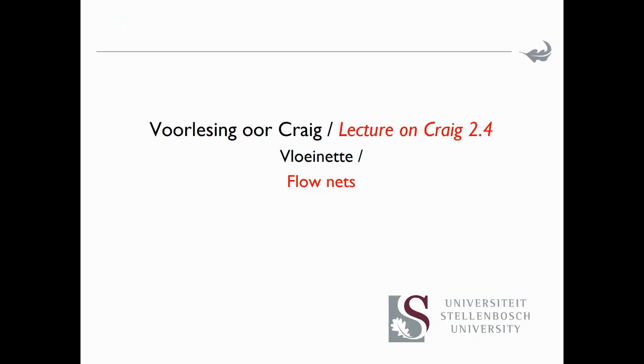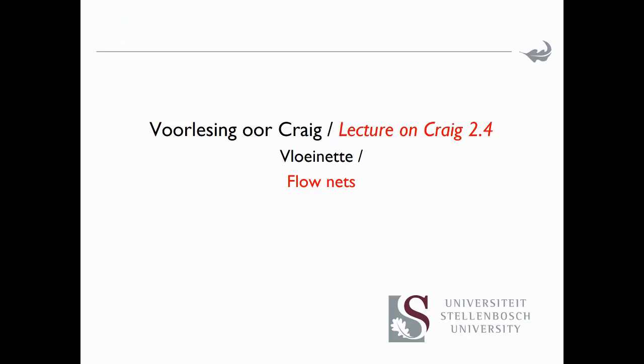As I've said, we're going to look at flow nets today. It's in Craig 2.4, and at this point, I really want you to please go through the work in the handbook as well. There's an example of making a flow net next to a sheet pile, and then I'm going to show the flow beneath structures such as dams, for instance.